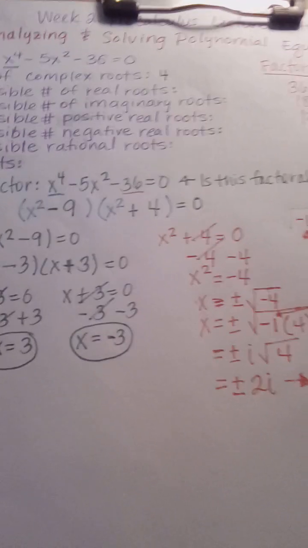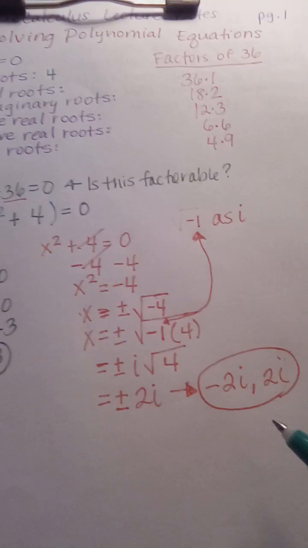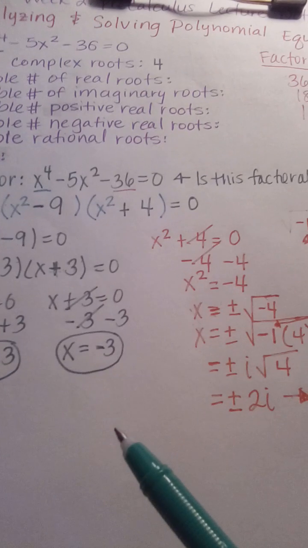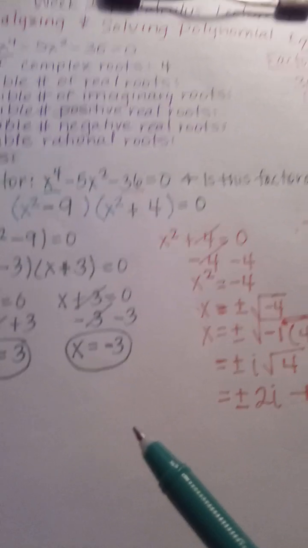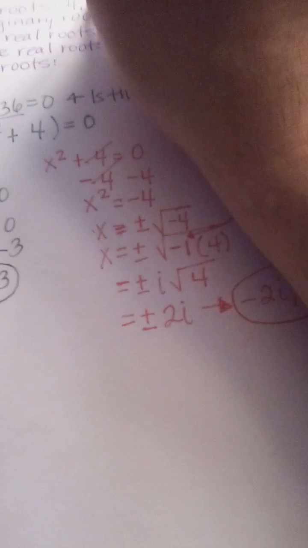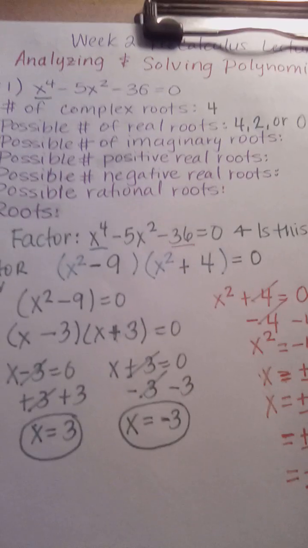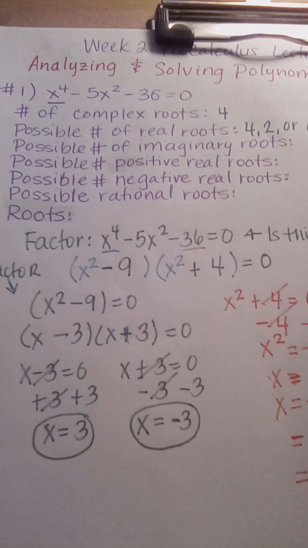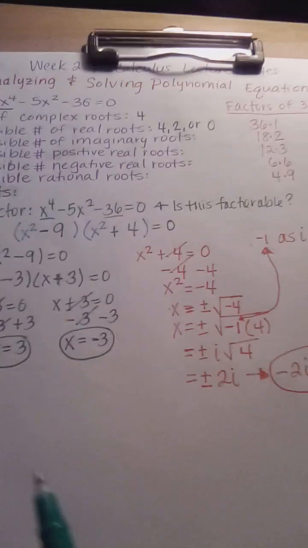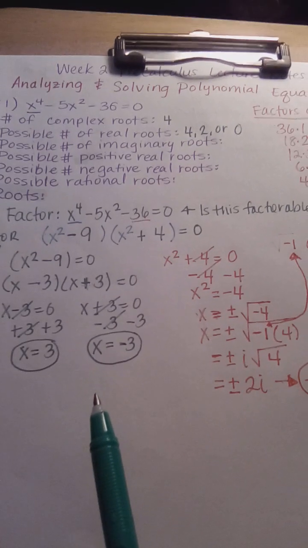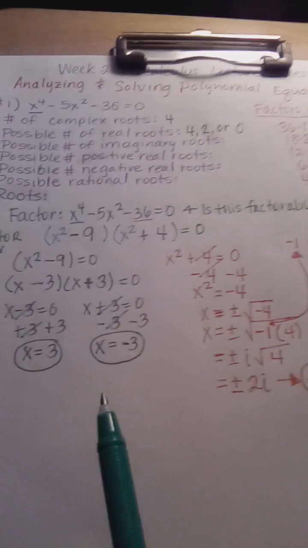You have 2 roots, 0 roots, or 4. So the answers could be 4, 2, or 0. Okay? So that's what I'm referring to. These are the ones I just circled. Those are considered to be roots. Okay? So far, so good, everyone.